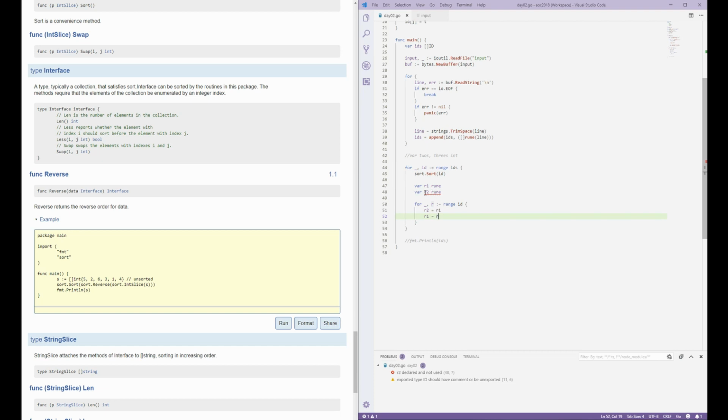Why don't you look up? If R equals R1 and R1 equals R2, then please this equals 1.